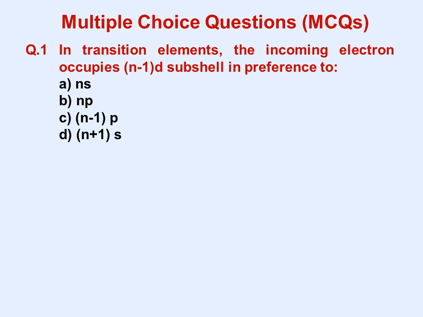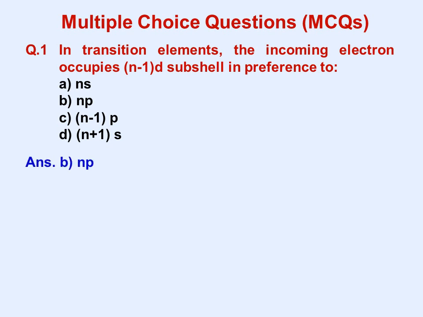This knowledge we gained in our earlier slide, where the penultimate d subshell is going to be filled prior to what? First the s subshell will be filled and then this penultimate.